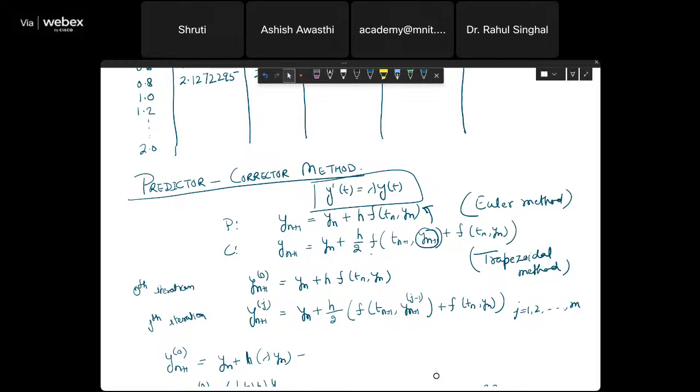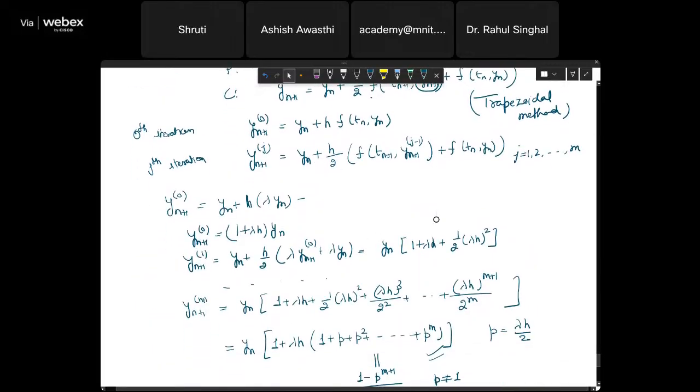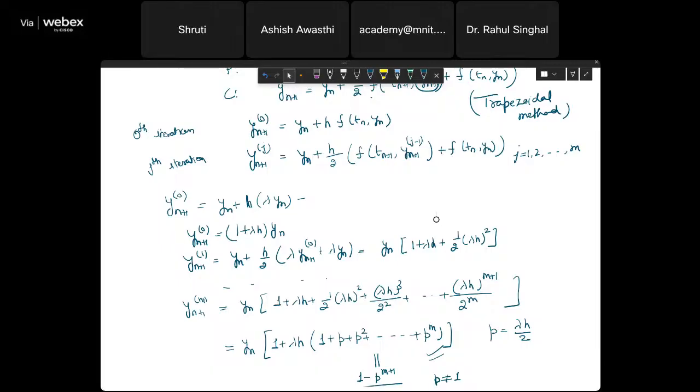The application of these predictor-corrector methods can be carried out in the same way. So the same initial value problem which we have just solved with the Adams-Bashforth method alone and the Adams-Moulton method alone, now we can solve with the help of the predictor-corrector method.